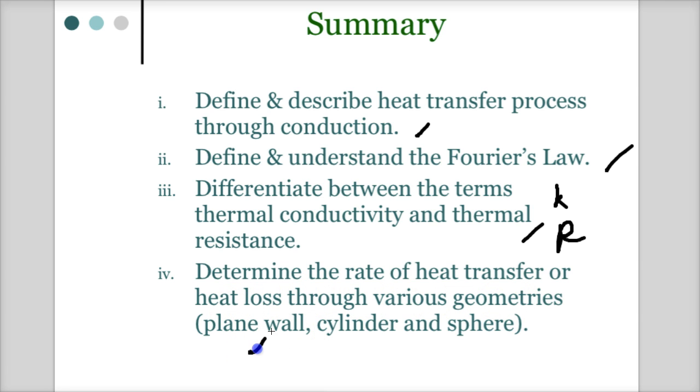We've covered plane wall, cylinder, and sphere. So what's left is the exercise question, which is also available in the textbook Heat and Mass Transfer: A Practical Approach by Yunus A. Cengel. It's a black book now. You can buy it, 85 ringgit, I think.